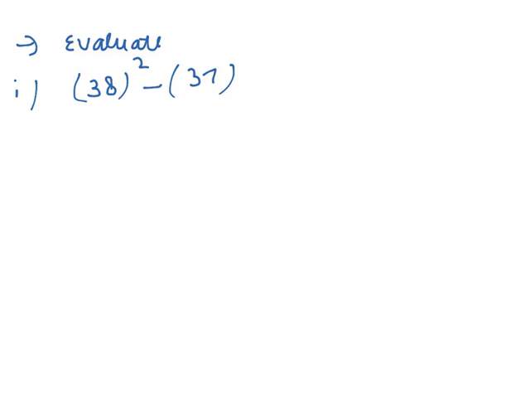The next question we have to evaluate. The first one we have is 38 square minus 37 square. In my previous video, we learned a property: n plus 1 whole square minus n square is equal to 2n plus 1, that we discussed in my previous video.